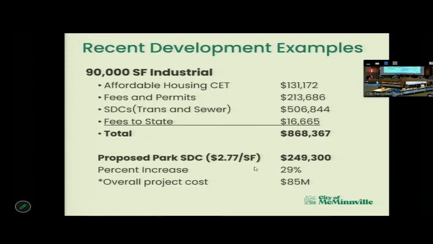And then the other 50%, the idea was to then go out for additional financing via bond to pay for the other portion. What actually occurred, my understanding, and again, this is history that has been passed down to me, was that the city went out for that bond and then used SDCs to pay back that bond. So essentially, they just financed 50% of the total projects in the last master plan.